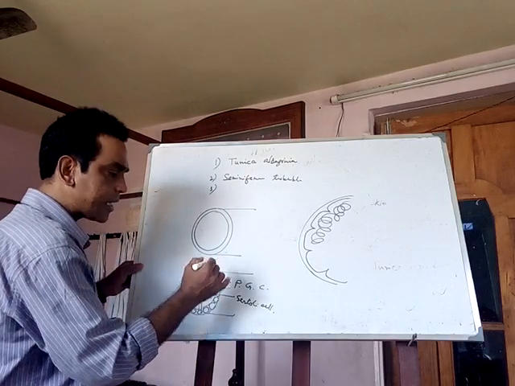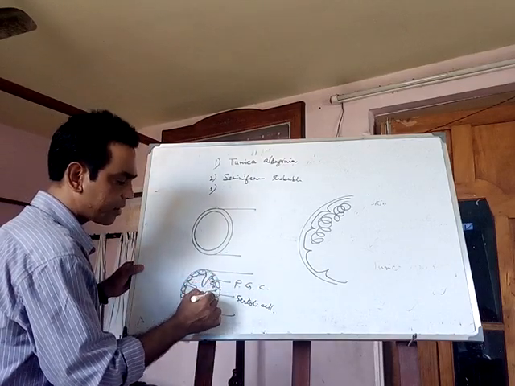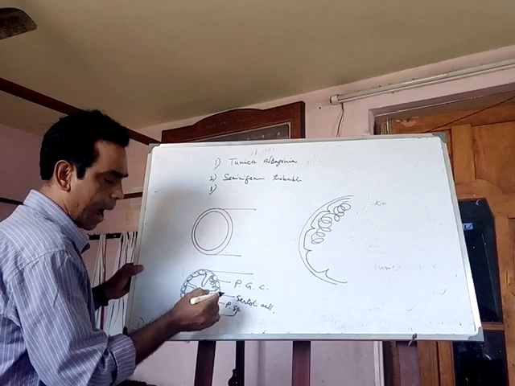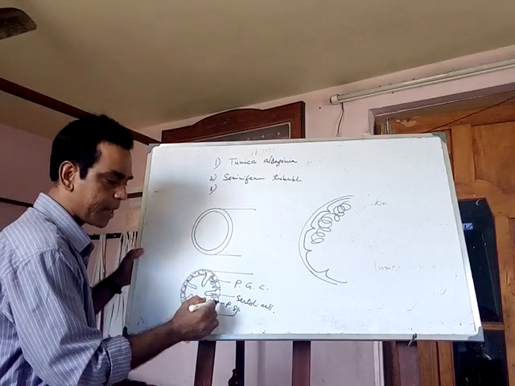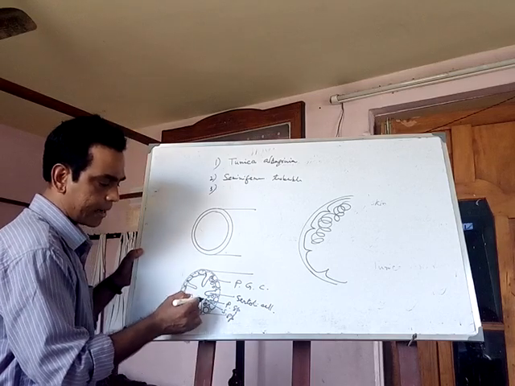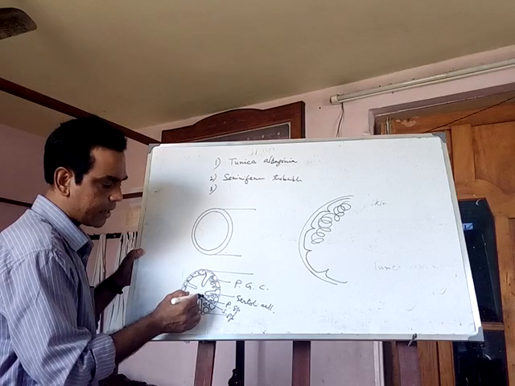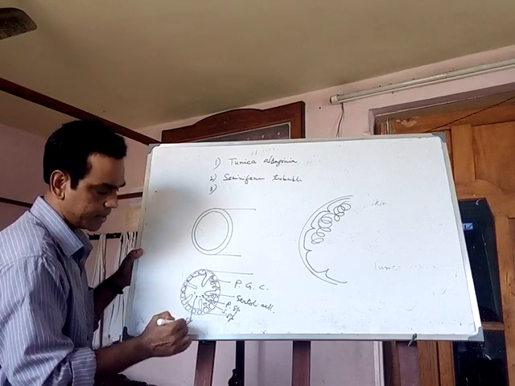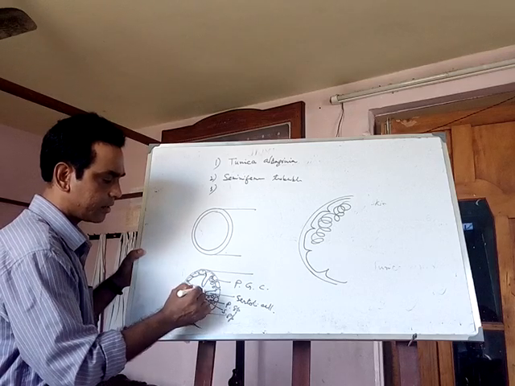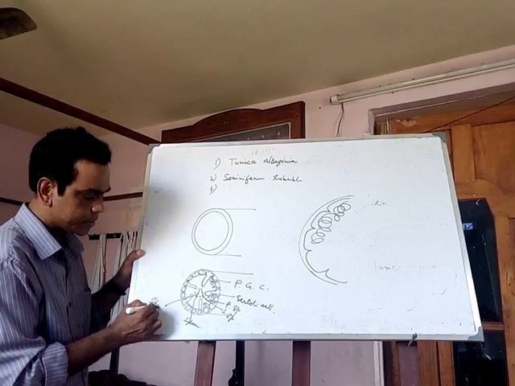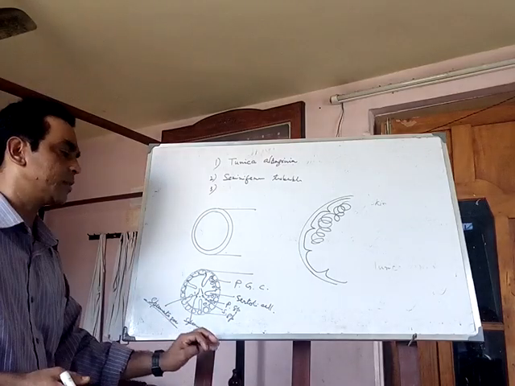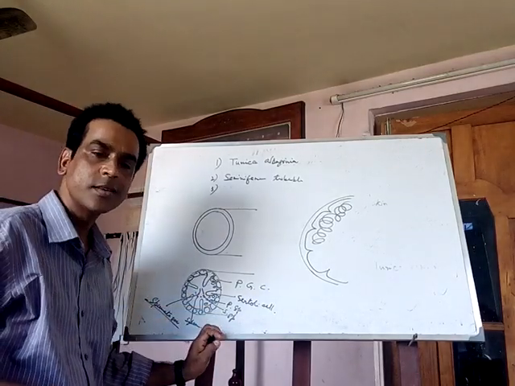And the primordial germ cells produce the primary spermatocyte, and after the first meiotic division, the primary spermatocyte produces the secondary spermatocyte, and the secondary spermatocyte produces the spermatid, and the spermatid produces the sperm, called spermatozoa. The formation of spermatozoa or sperm in the seminiferous tubules is called spermatogenesis.